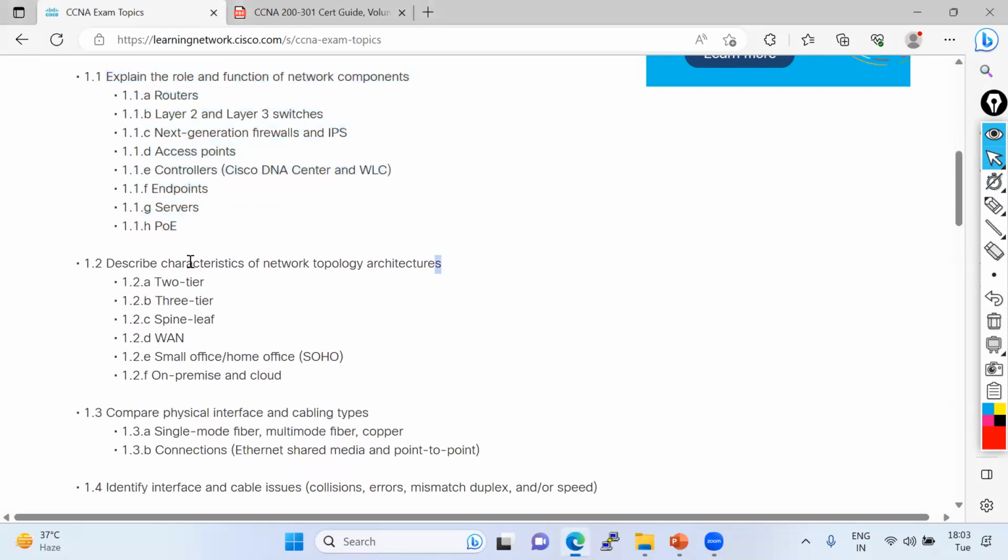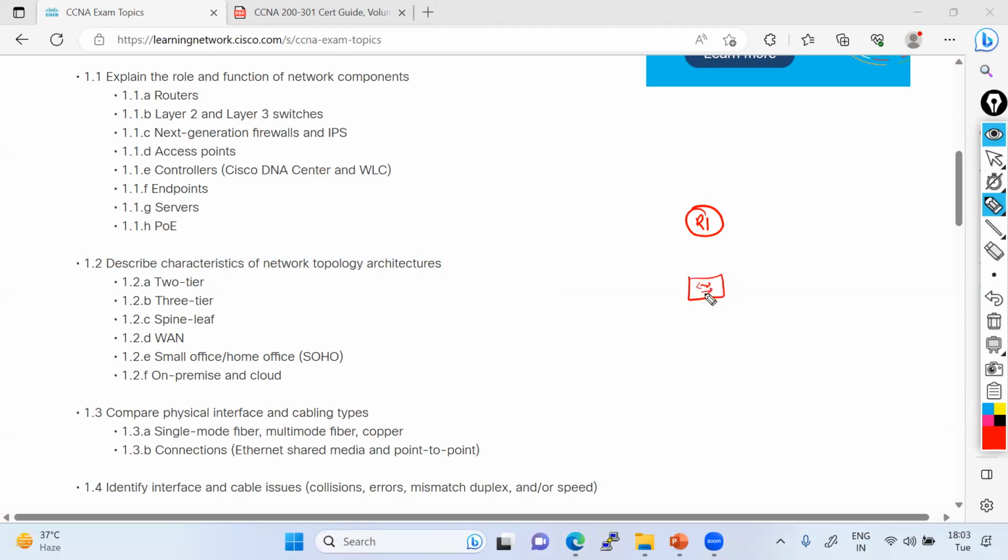Now we just have to understand the network topology architecture. First we have to understand what a network topology is, then we'll understand the architecture. Topology is a simple definition: connection between the devices. So you have the router, connected with the switch.